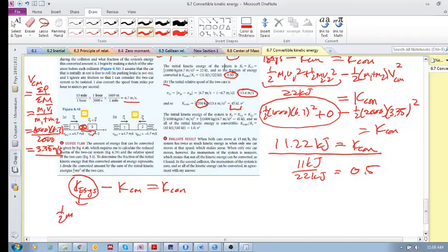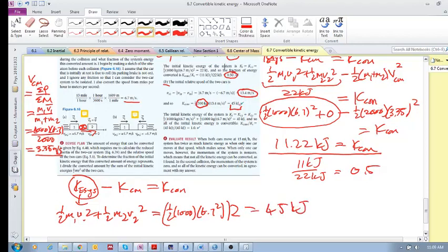So it's half m1 v1 squared plus half m2 v2 squared, which is a half times 1000 times 6.7 squared, and they're both going at 6.7, with opposite signs, but they're both squared, so you just multiply this by 2 and you're going to get 45 kilojoules. So the convertible kinetic energy was 45, the total system kinetic energy was 45, so the answer is 100% of the system kinetic energy can be converted.